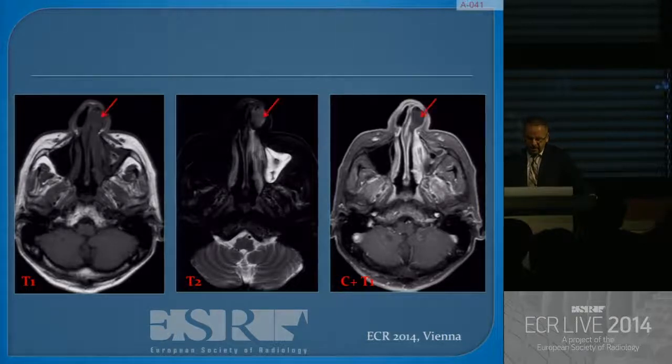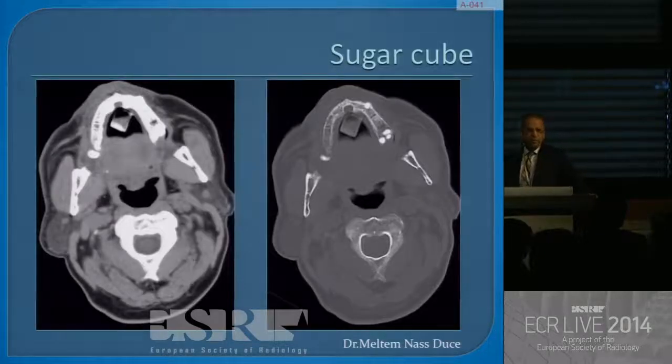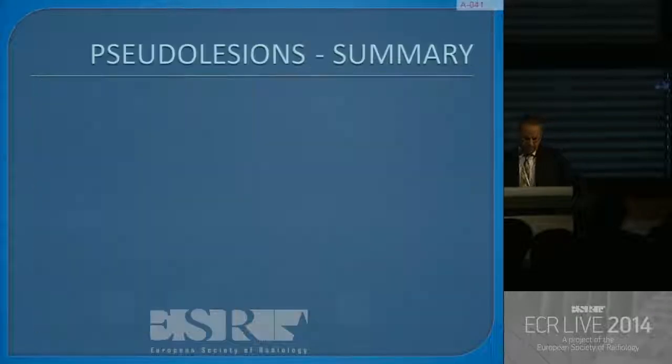It is a piece of cotton wool which might have been inserted by the patient himself before reaching the MR unit. Also, we can come across some different types of foreign bodies, like this sugar cube, and it's quite simple, but this also can cause some misdiagnosis as well.